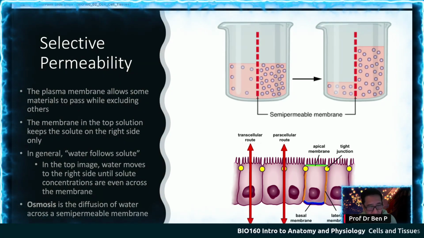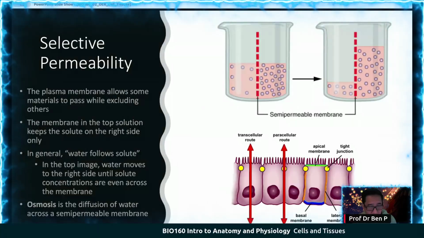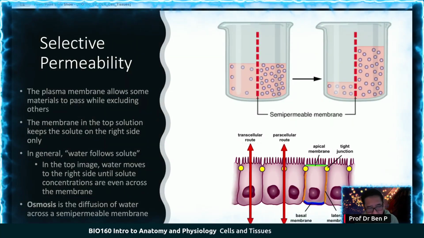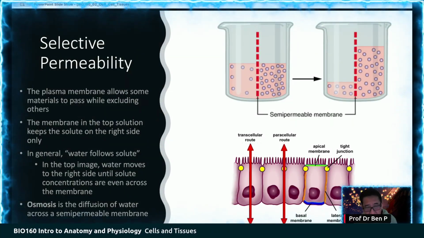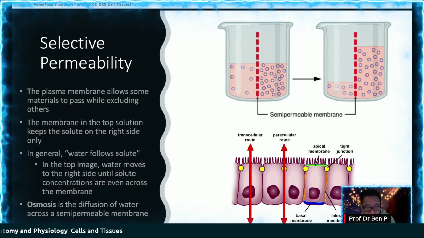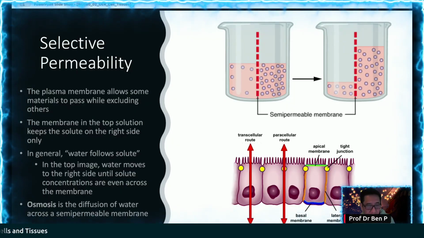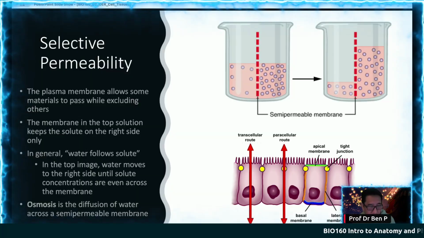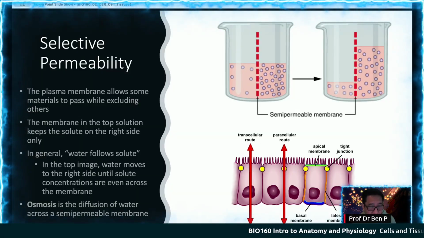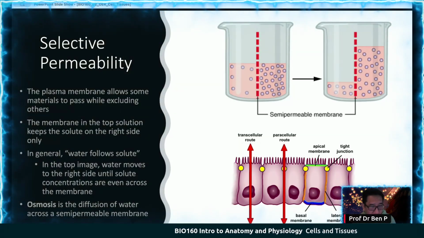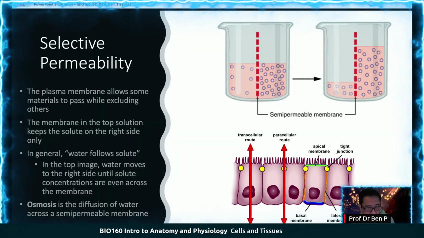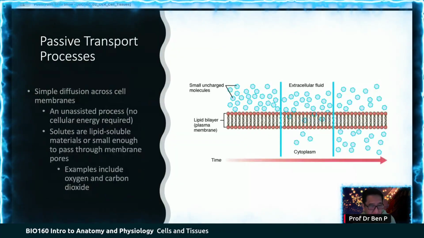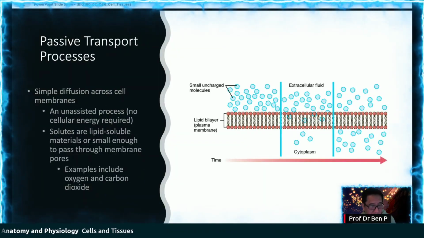Water follows solute usually. Water usually follows sodium. So if sodium can get through, water will follow the sodium. Wherever sodium goes, water usually goes as well. Sodium and chloride. So osmosis is the diffusion of water. When we talk about osmosis, it always refers to water going from higher concentration to a lower concentration of water.